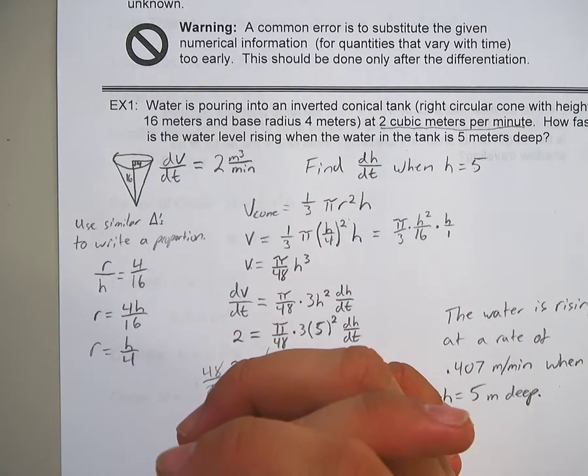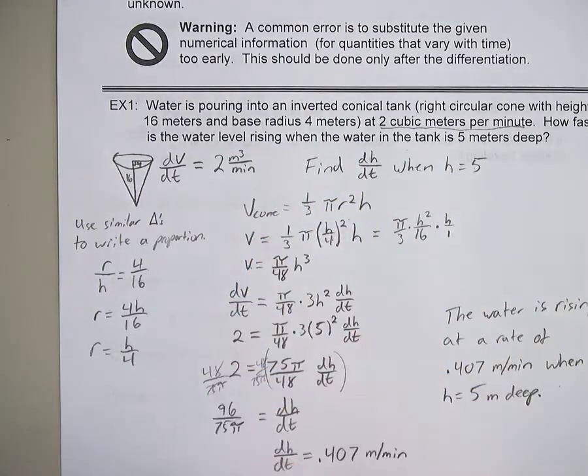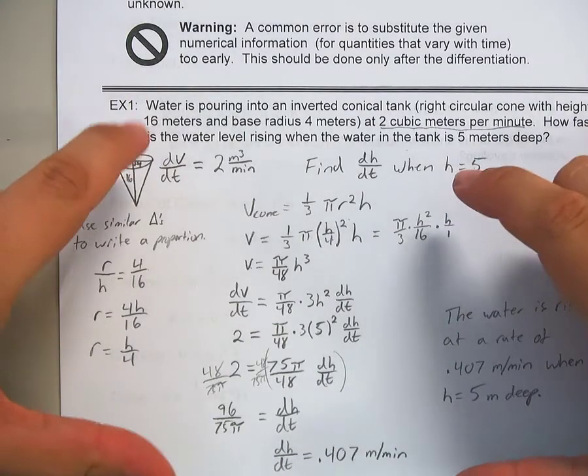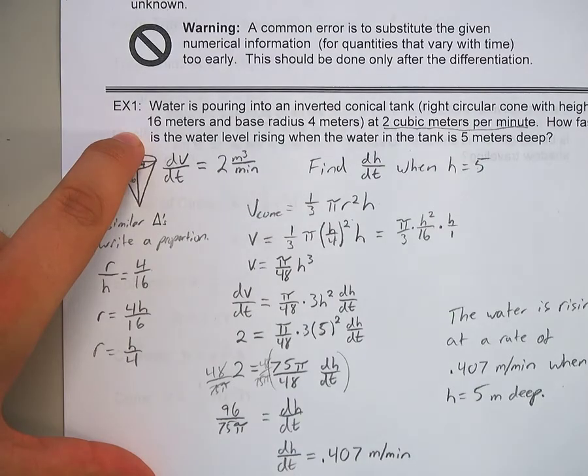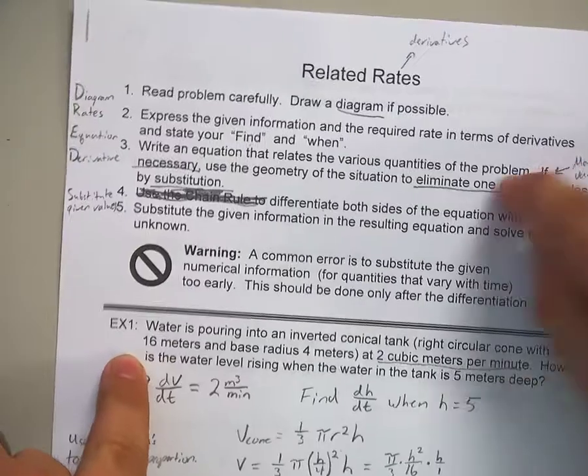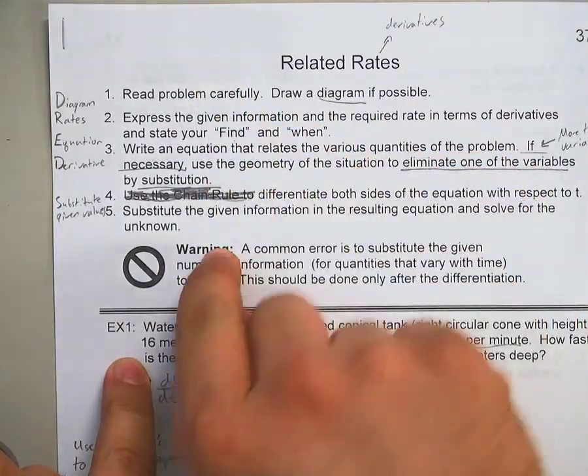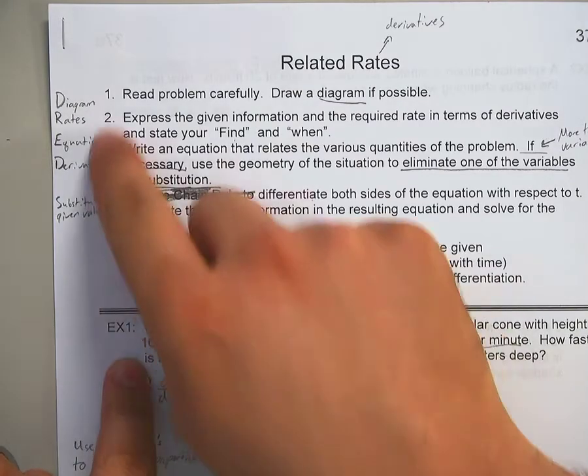And that's what we had to figure out. And it happens to be 0.407 meters per minute. So until you can get the concept down, I want you to focus primarily on doing these steps, exactly these steps. All right? Let's go to the next page here.